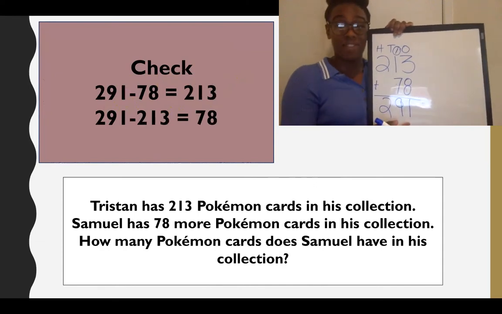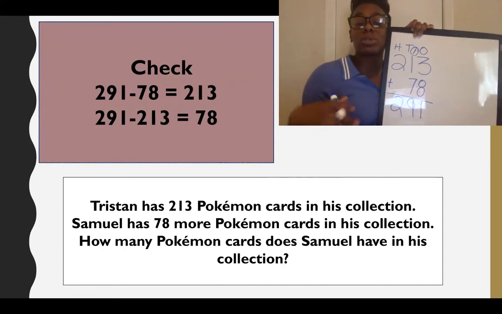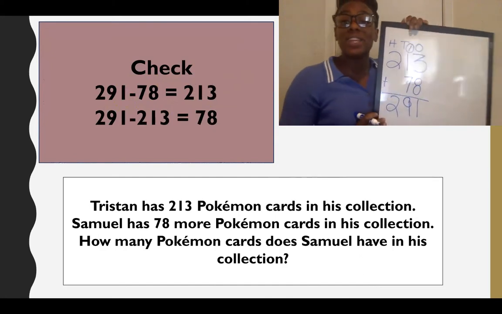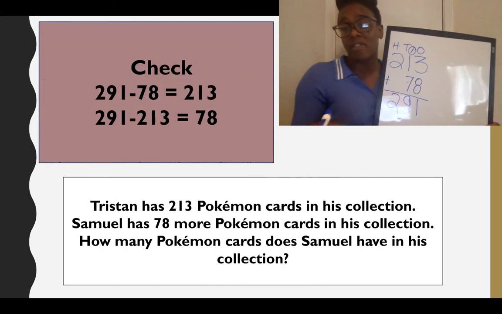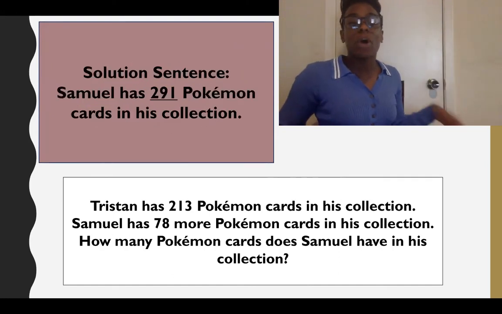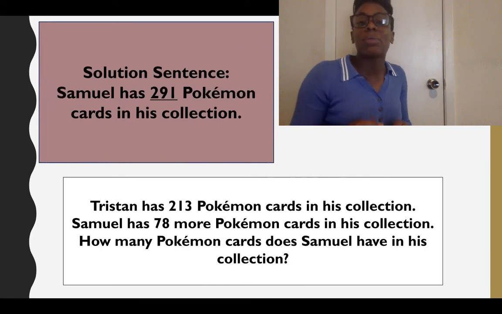That is still part of my fact family. And if you subtract 213 from 291, you should get 78. That is also part of my fact family. So my solution sentence is, Samuel has 291 Pokemon cards in his collection.